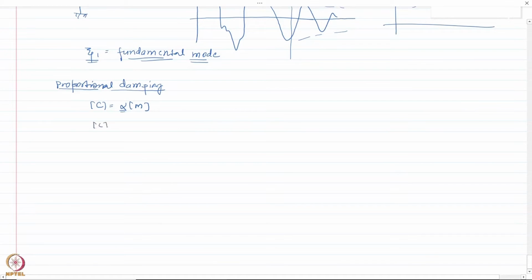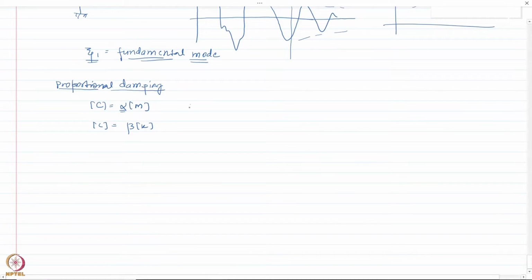Similarly, I can write this as some multiplication of the stiffness matrix. Again, my damping matrix can be diagonalized because my stiffness matrix is a symmetric matrix.